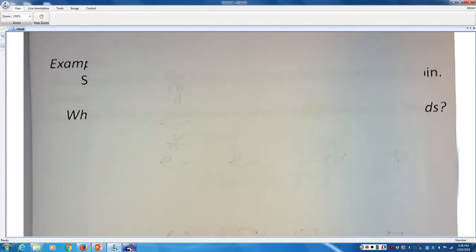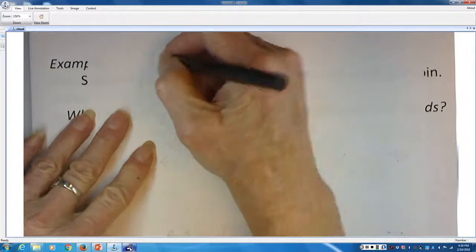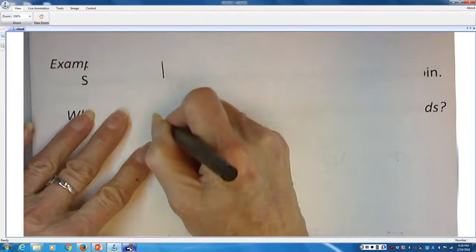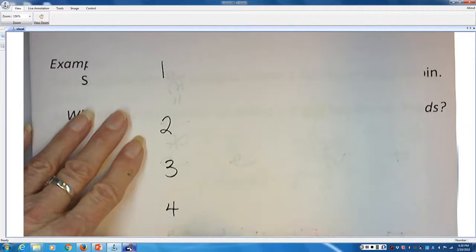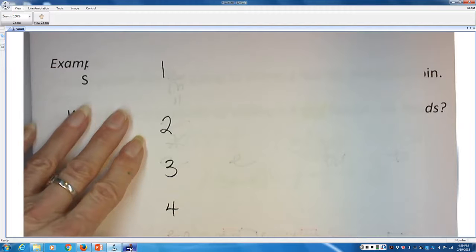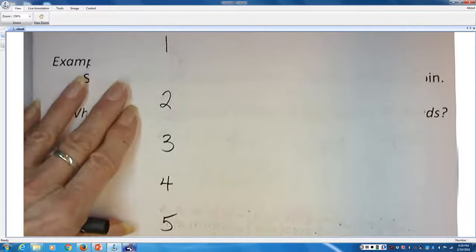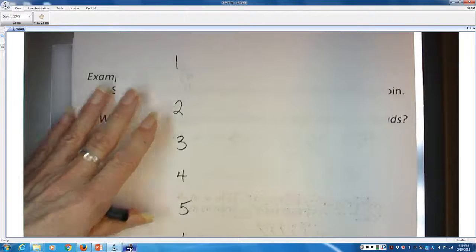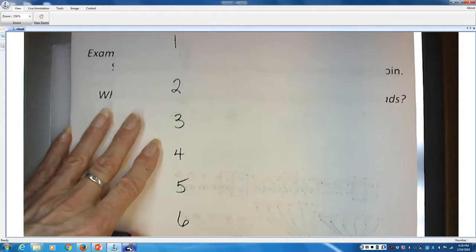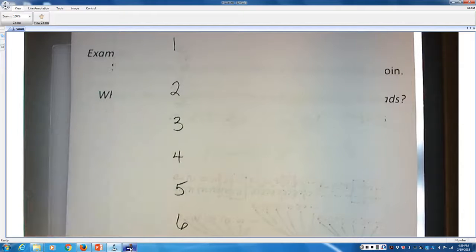I'm going to roll a die. What can happen? You agree with me? That's everything that can happen. 1, 2, 3, 4, 5, 6.